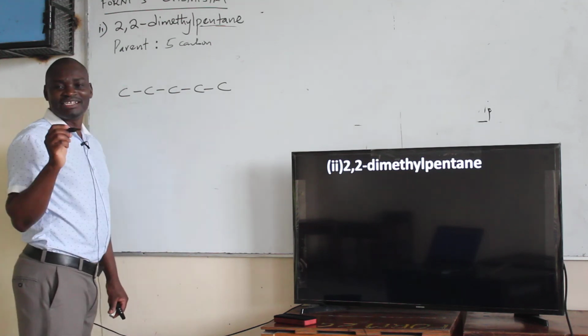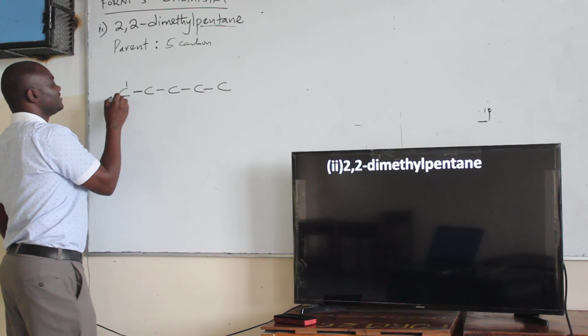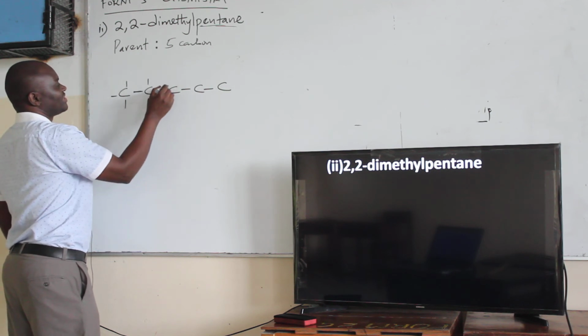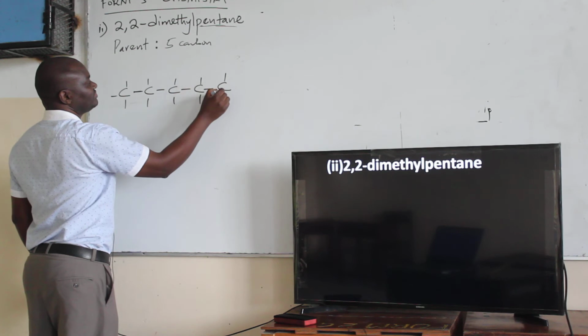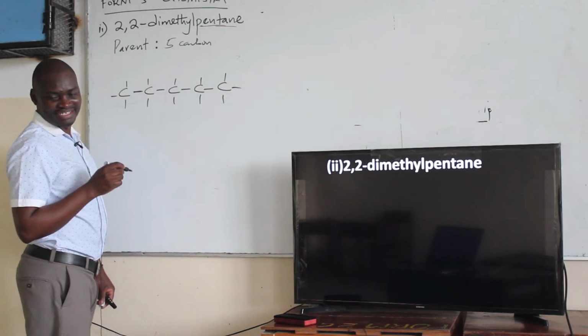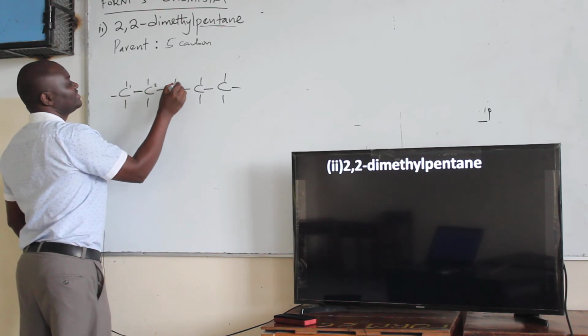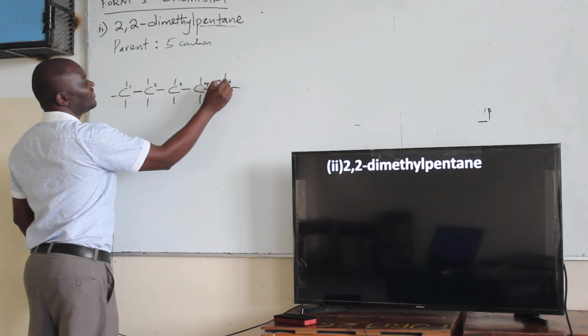Each carbon must have 4 bonds. Then we number the carbon atoms: 1, 2, 3, 4, 5.